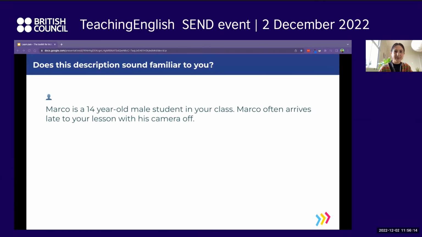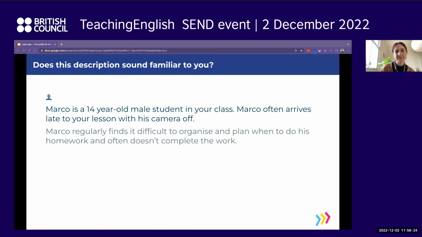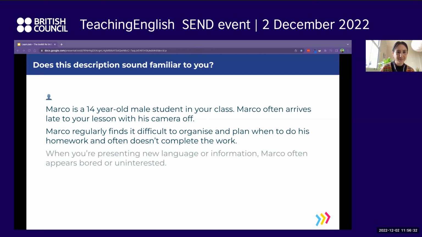So we have Marco. Marco is a 14-year-old male student in your class. Marco often arrives late to your lesson with his camera off. Marco regularly finds it difficult to organize and plan when to do his homework and often doesn't complete the work.